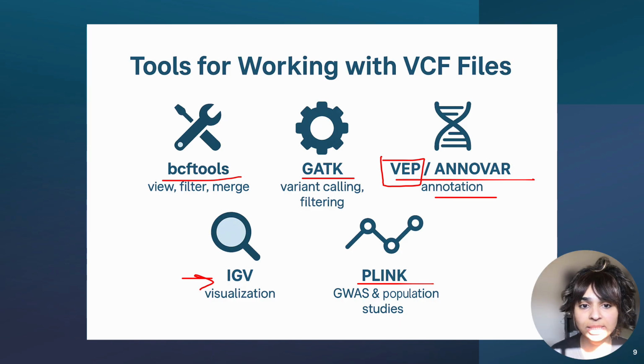So, in practice, bcftools and GATK help you manage VCFs, VEP and ANNOVAR help you interpret them, IGV helps you visualize them, and of course Plink helps you with population-scale analysis. These are some of the tools that you can use for VCF files.